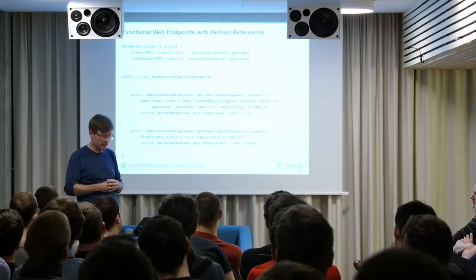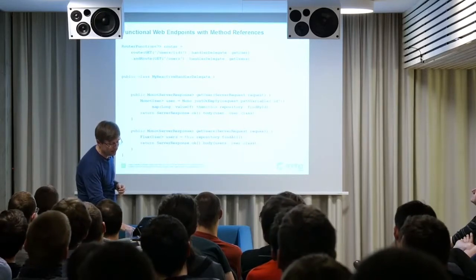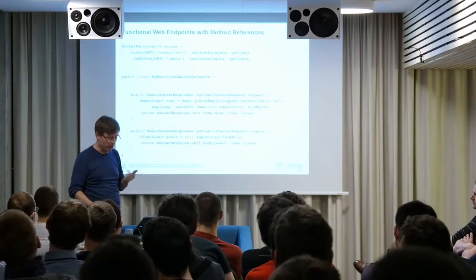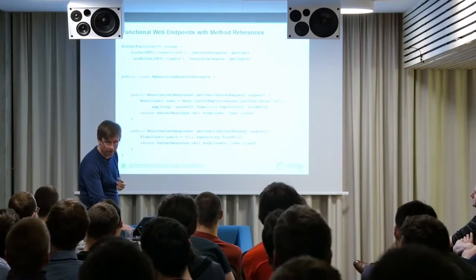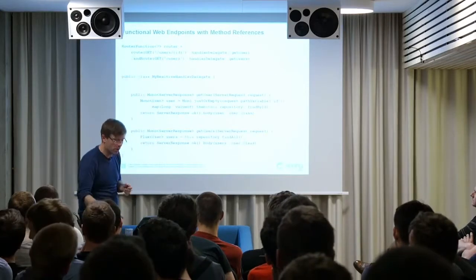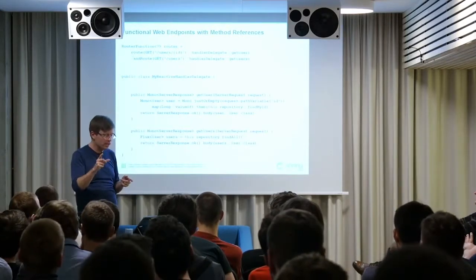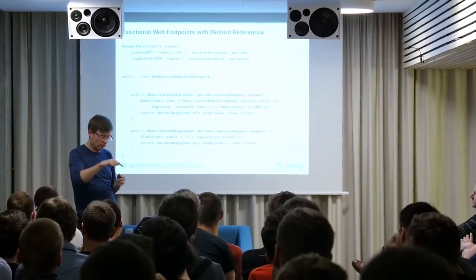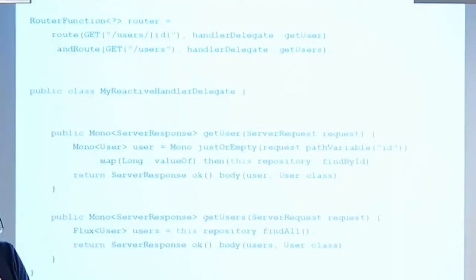This little example here only works with a couple of static imports. So in case you're wondering, where does the route method come from? It comes from router functions. There's a router functions and the request predicates static import here, where we get the route methods and the mapping predicates from.